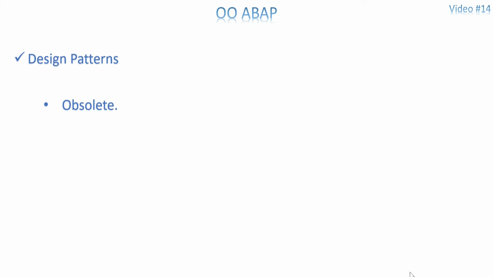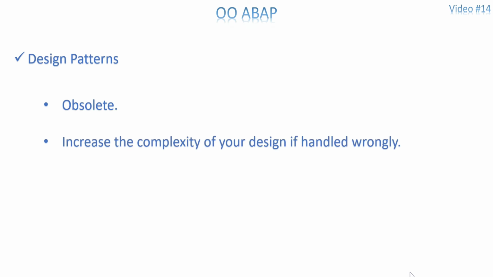So if you want to use any design pattern, make sure it's not obsolete for your current version. It can increase the complexity of your design if it is handled wrongly. That is a kind of warning, or just information for you. So don't use design patterns just like that. You have to use them very carefully, otherwise it will increase the complexity of your own program.